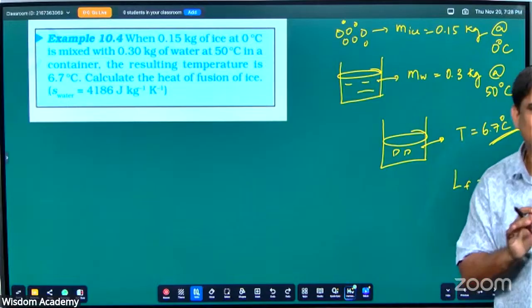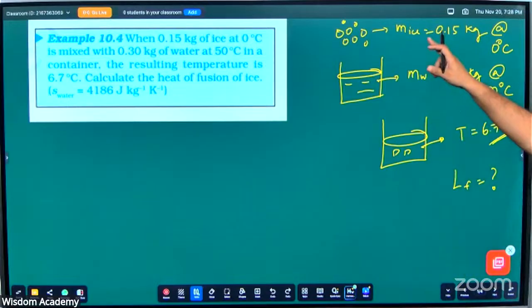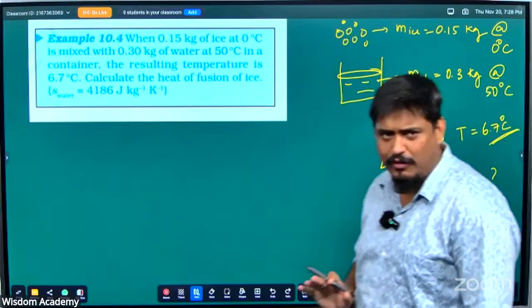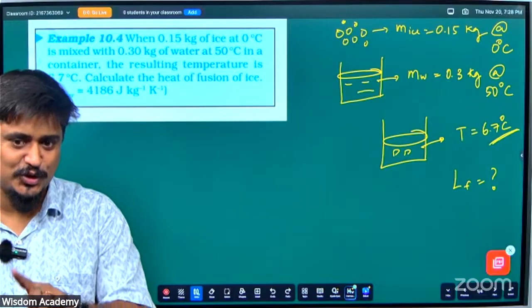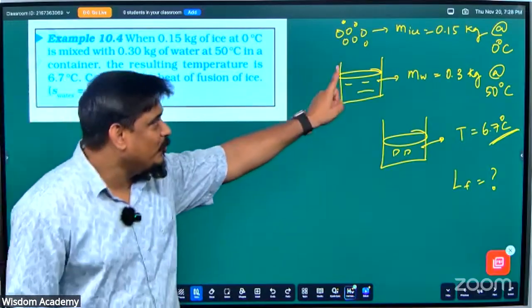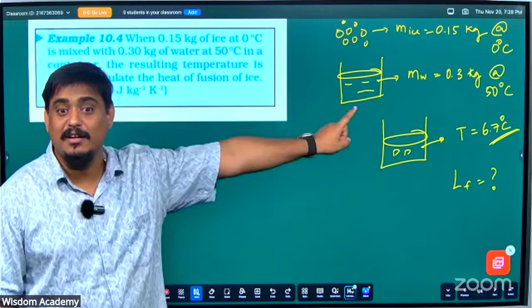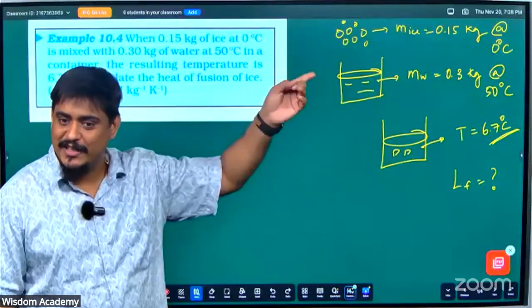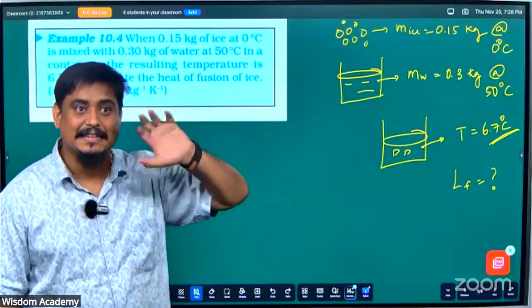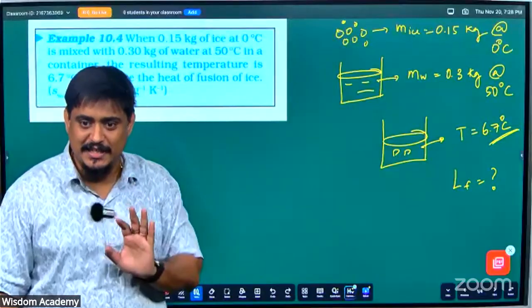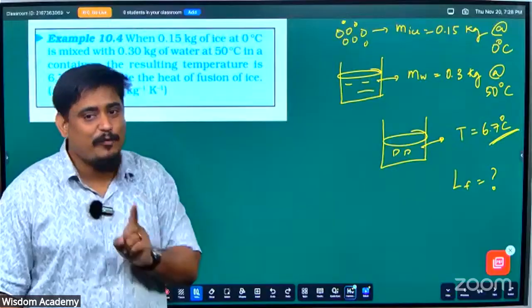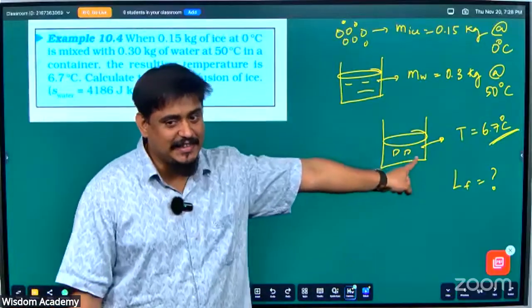I think you understand, by the principle of calorimetry, the moment we add the ice in water, what will happen first? Ice will become water. So step 1 will be 0.15 kg of ice will turn into 0.15 kg of water. Then 0.15 kg of water at 0 degrees will become 0.15 kg of water at 6.7 degrees.